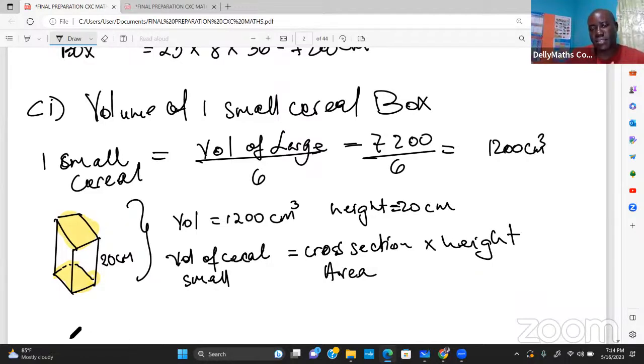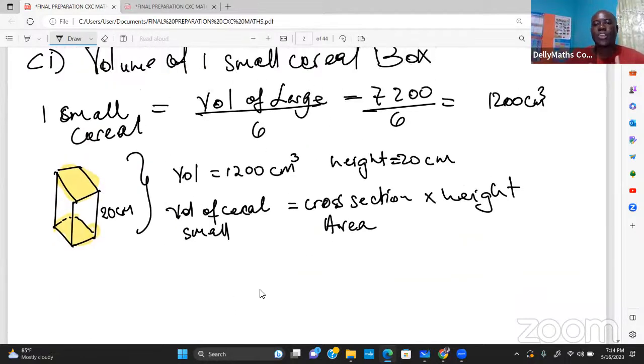In this context, you want to utilize what you have and substitute. Focusing on this part, this is what you want to find. You would understand that this is the base, if you want to look at it as the base. So what you're suggesting is that 1,200 is equal to cross-section times 20. Let me put it like that.